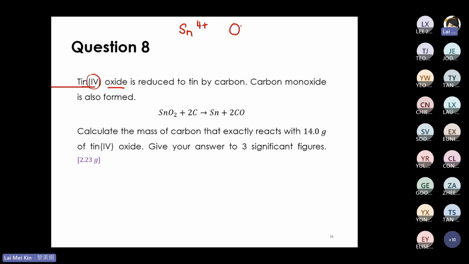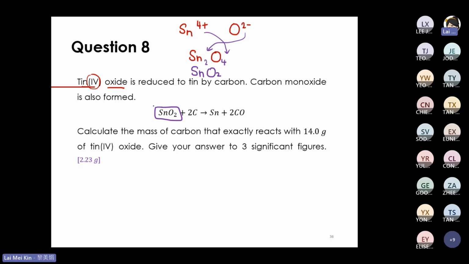And then oxide, 2 negative. So what will be the formula? Sn2O4, but you will have to simplify the charges. So what will it be? SnO2.